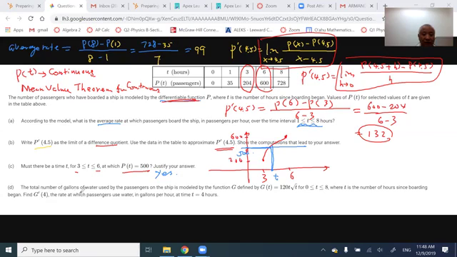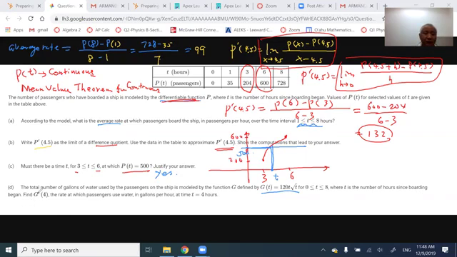The total number of gallons of water used by the passengers on the ship is modeled by the function G(T), for T between 0 and 8, where T is the number of hours since boarding began.